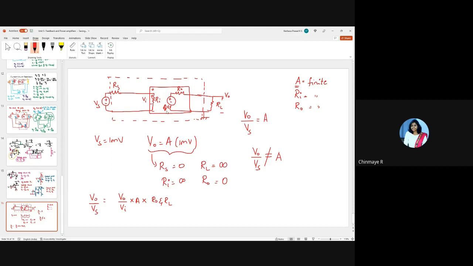Generally, students directly take this gain as the open loop gain of the amplifier and then try to solve for RIF, ROF and AF. You shouldn't do that. You have to find out V0 by Vs and use that as the open loop gain in order to solve for AF, RIF and ROF.